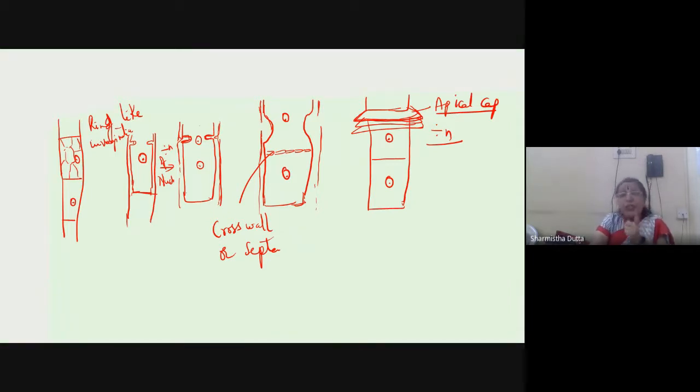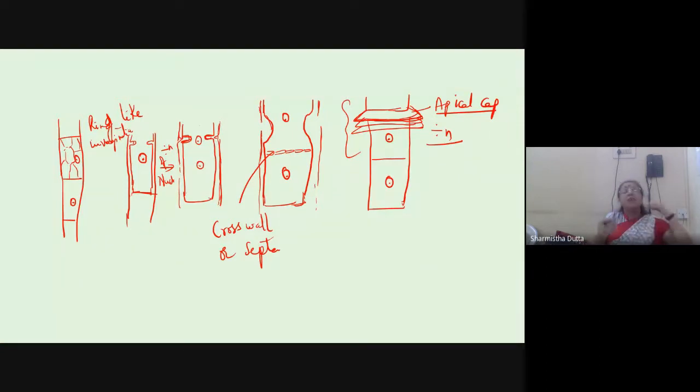So during the practicals, when you come for your practicals, we will focus at a region where you can see the apical caps. This is a unique feature in Oedogonium. The moment you see these apical caps, you will know this form is Oedogonium.